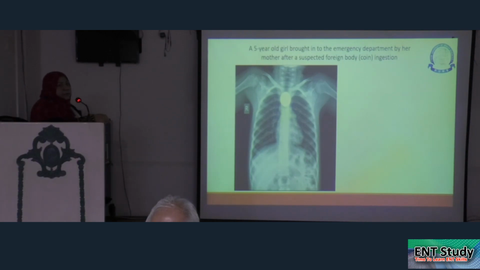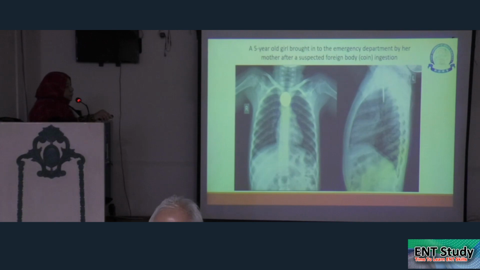The X-ray showed a foreign body in the midline, but when we assess the diameter of the foreign body, it is exceeding the trachea, so it is most probably not in the trachea, which can be confirmed on the lateral view, because it is posterior to the air column of the trachea. So this is a foreign body in the esophagus.